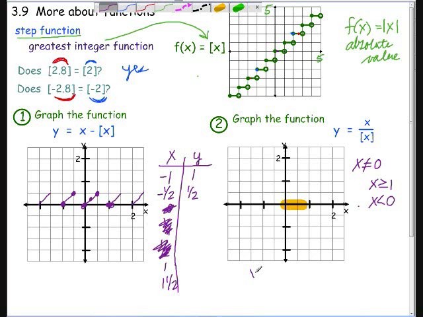When x is 1, we'll have 1 over, what's the step function at 1? It's 1. When x is 1.5, I'll have y equals 1.5 divided by, what is the step function at 1.5?